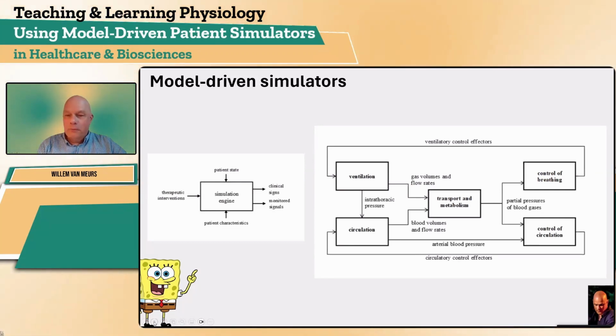And if there's a low blood pressure, heart rate will go up and contractility will go up, and a couple of other circulatory control effectors will change. Now, what I'll do next is the same thing as going from the first to the second diagram. I'll open up two of these boxes, and we're going to look a bit more in depth at ventilation and circulation. Next slide, please.